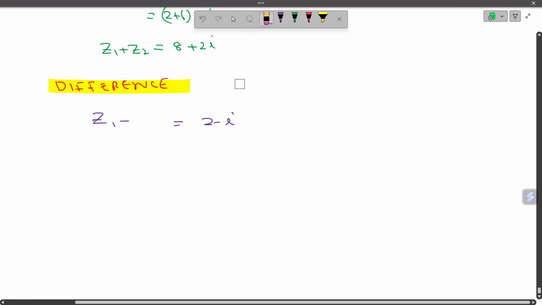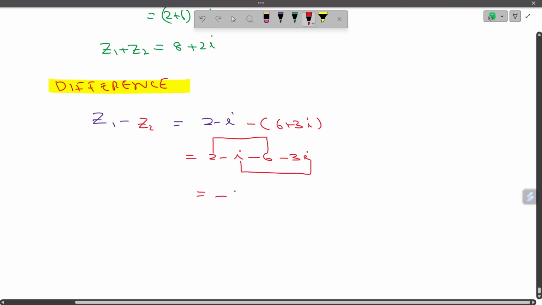What is our z2? Minus of 6 plus 3i. So this is 2 minus i minus 6 minus 3i. 2 minus 6 is minus 4. Taking minus i common, 1 plus 3. So z1 minus z2 is minus 4 minus 4i. Now the difference we have done.